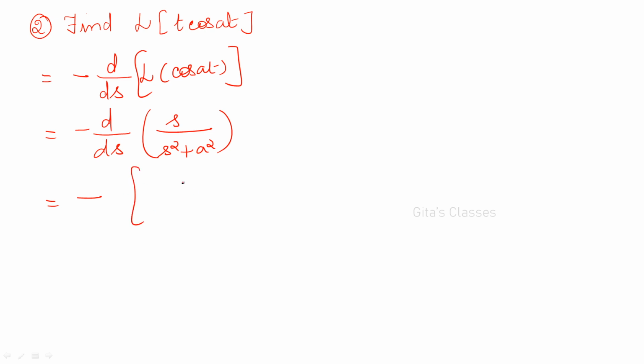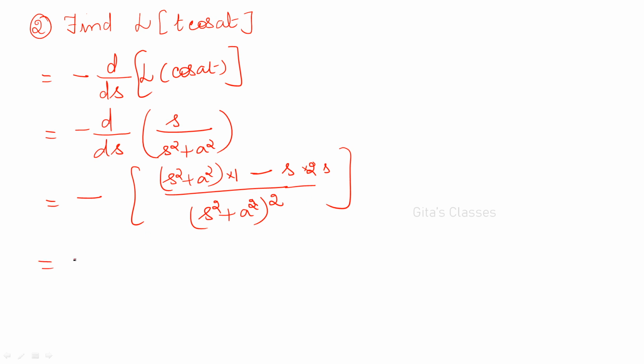That is minus of, let us differentiate this. Always you start with v squared, that is s squared plus a squared the whole squared, into v into du. That is s squared plus a squared into the differential of the numerator, that is 1. If you differentiate s, that is 1. Then minus of s into the differential of v, that is 2s. That is minus of s squared plus a squared minus 2s squared, divided by s squared plus a squared the whole square.